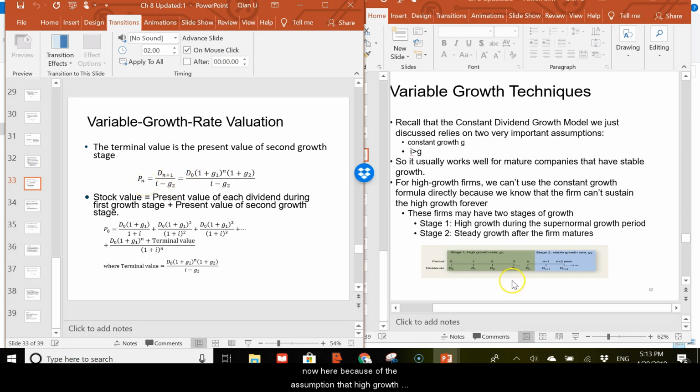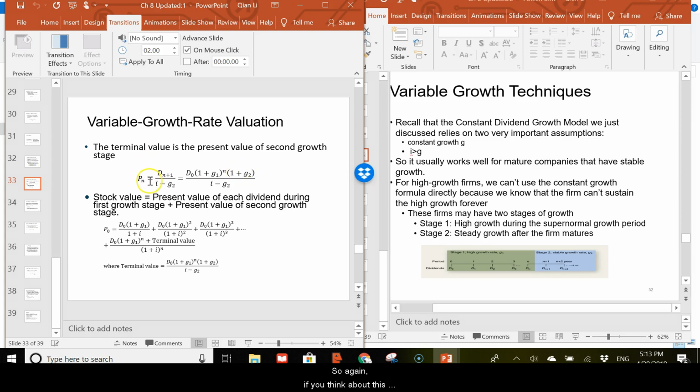Now here, because of the assumption of high growth in the first, say, 5 years and low growth after year 5, D5 is actually D0 growing at this high growth rate of G1 for 5 years. And then D6 will be D5 multiplied by 1 plus G2, growing by the slow or stable growth rate of G2 for just 1 year.